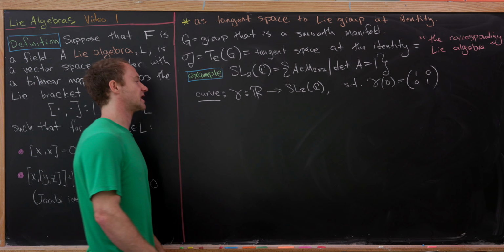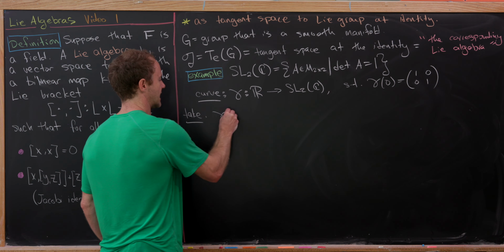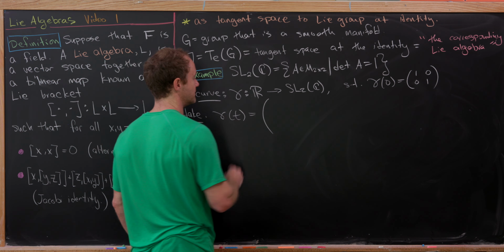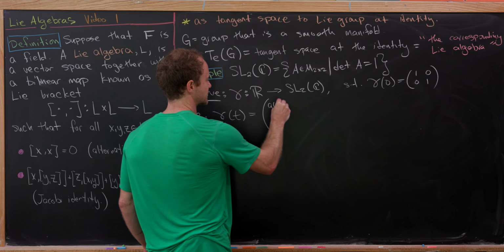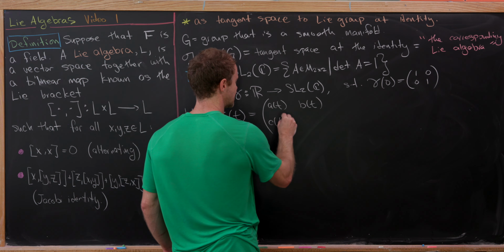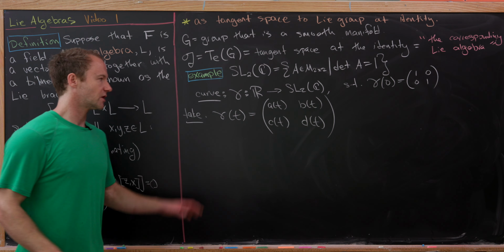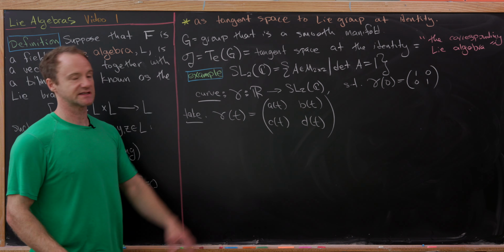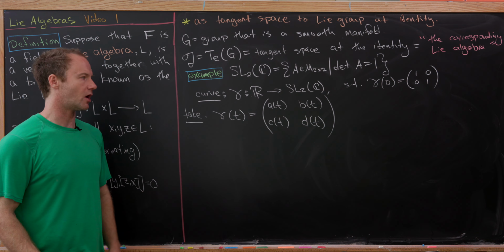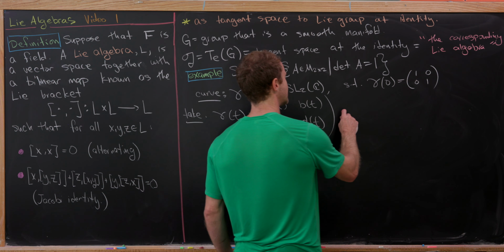And this is actually not so hard. So let's take gamma as the following matrix, where we have A of t up here, B of t up here, C of t up here, and D of t here. If we're going into SL2C and we're parametrizing, that means all of those entries could be changing. And then what do we know?